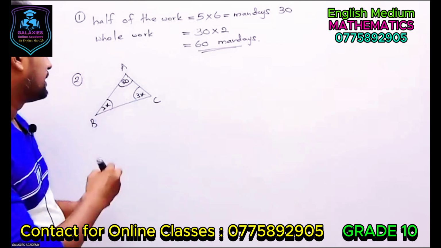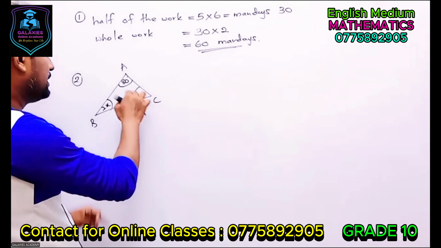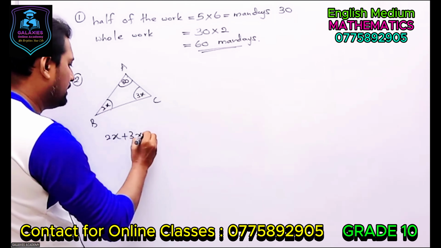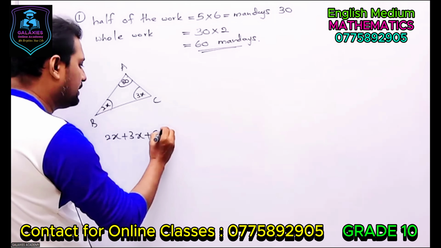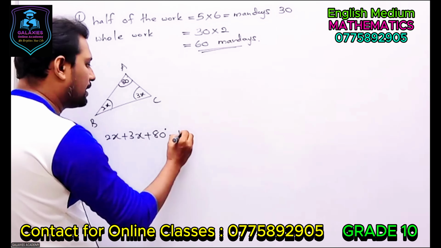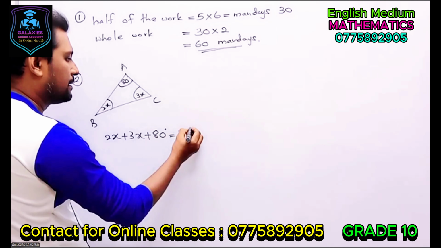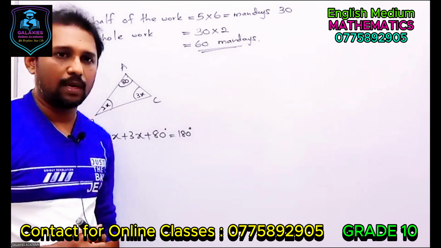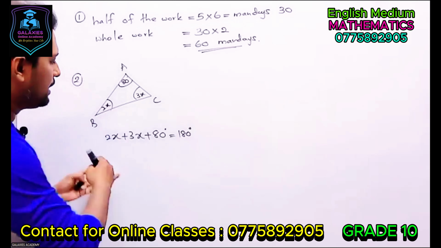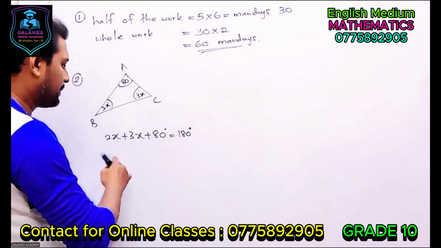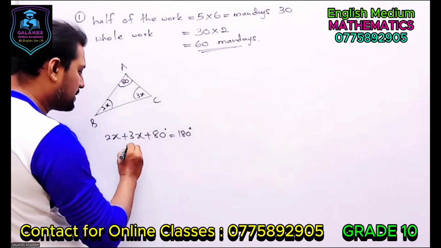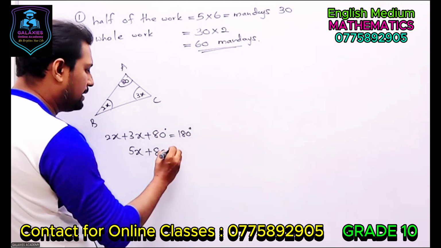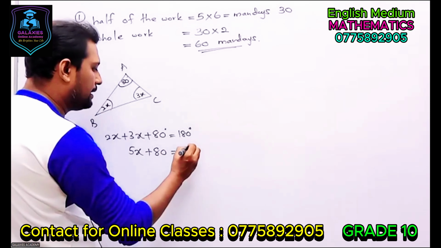So I can write sum of these three angles, 2x plus 3x plus 80 equal 180 degrees, because sum of interior angles of a triangle is equal to 180 degrees. Then we can solve this simple equation. 2x plus 3x, 5x. 5x plus 80 equal 180.